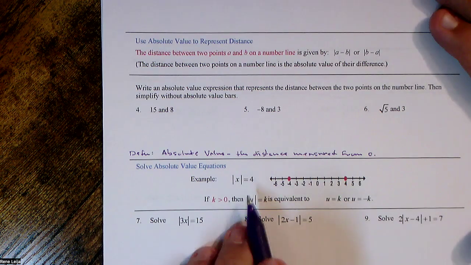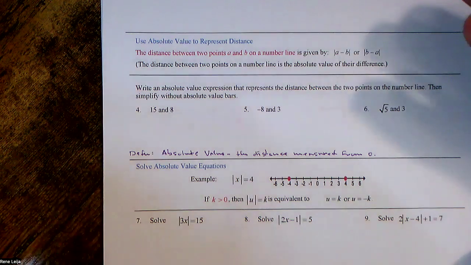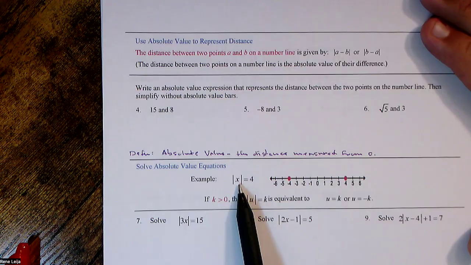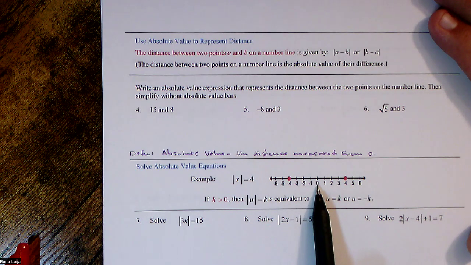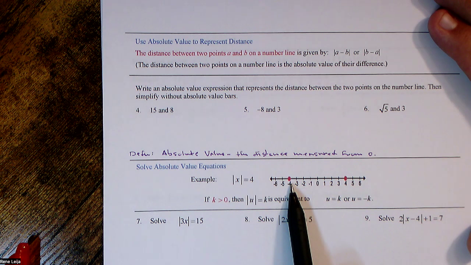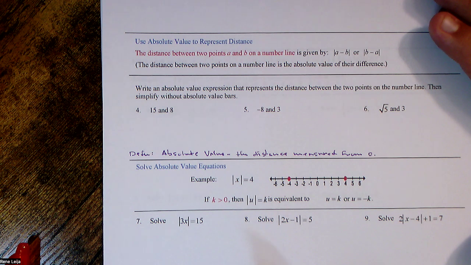Okay, so as we look at this example, if we have the absolute value of x is equal to 4, well, that means what does x have to be that if we measure the distance, we get 4? And so here's 0. So it could either be 4 or it could be -4. So whatever is inside here could be either positive or negative.